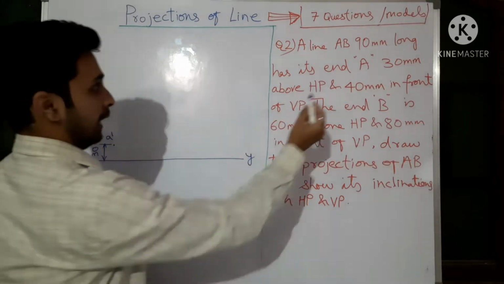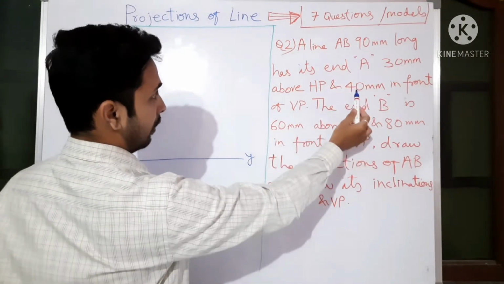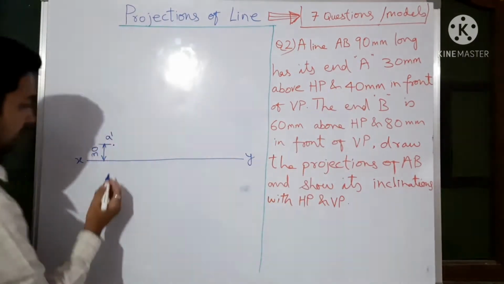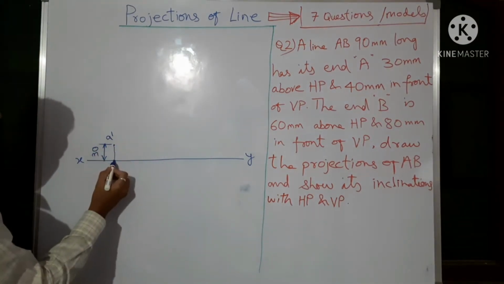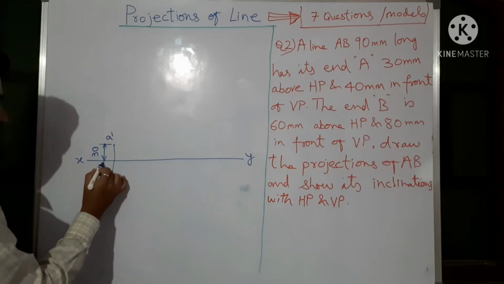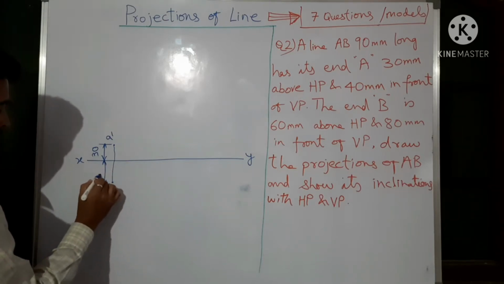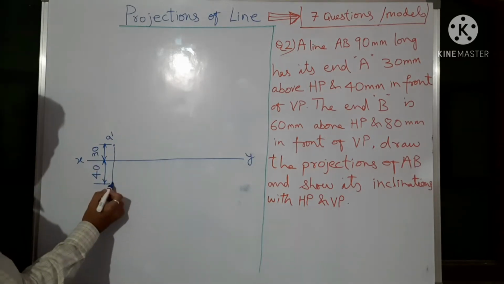And the same end A is 40 mm in front of VP, so 40 mm down. So this projector goes up to 30 here and down 40. Okay, end A we have located.